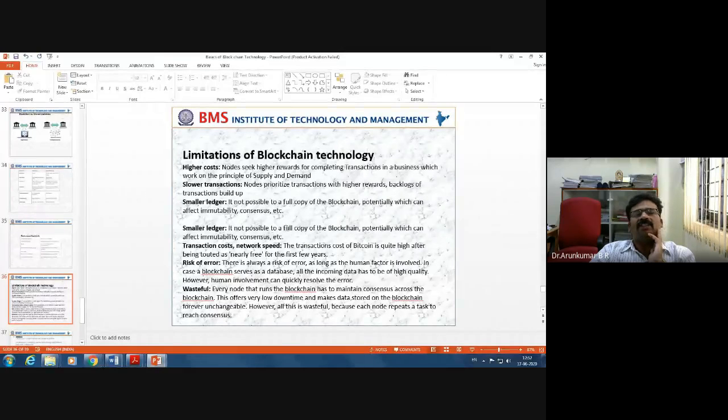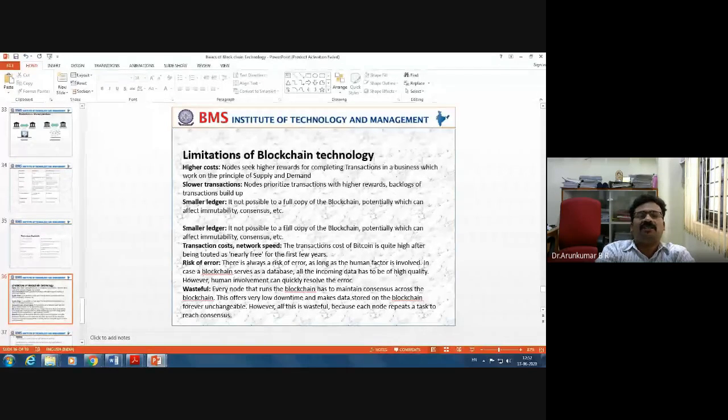So there are some of the things. We'll go to the limitations of the blockchain technology. As every technology has limitations, even the blockchain has limitations. Higher costs: nodes seek higher rewards for completing transactions in a business which works on the principle of supply and demand. So this is one limitation.